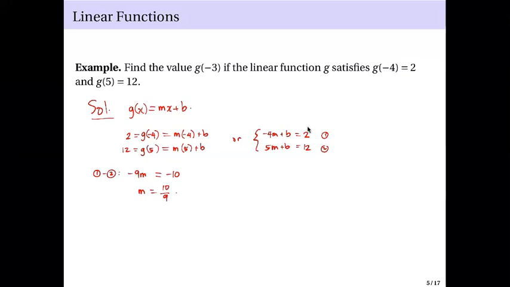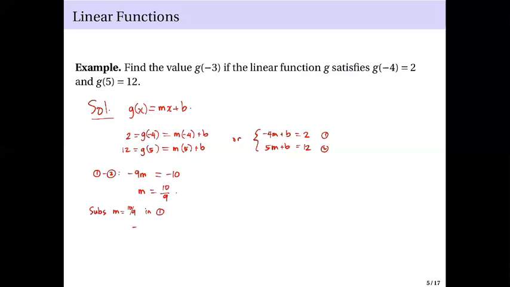And then we substitute this m to any of the equations here. Let's just substitute the value of m equals 10 over 9 in equation 1.